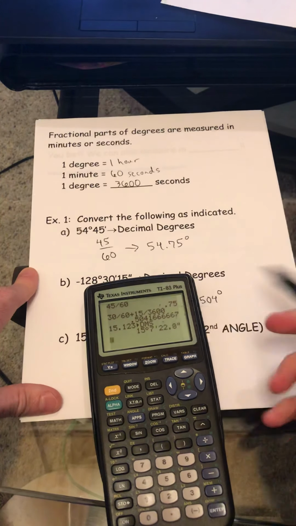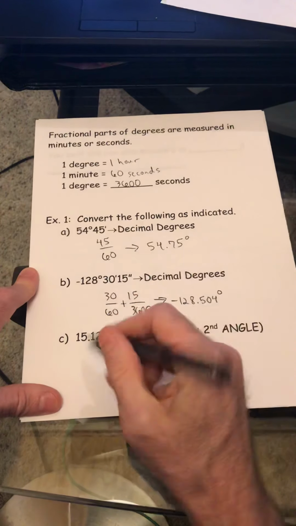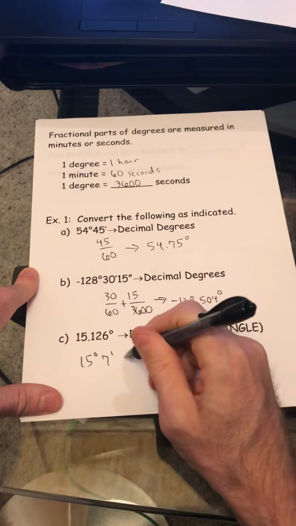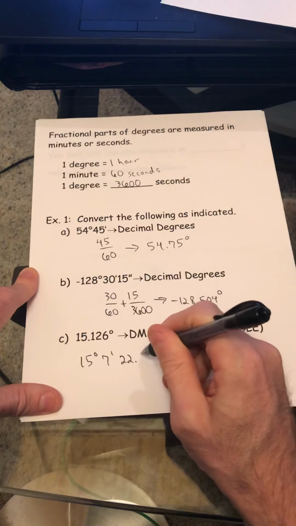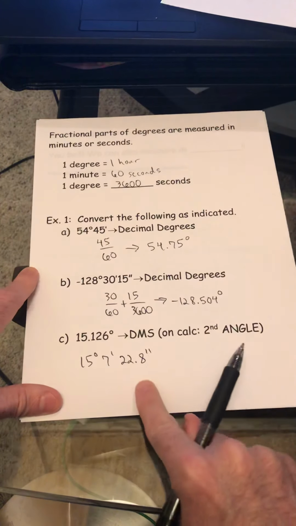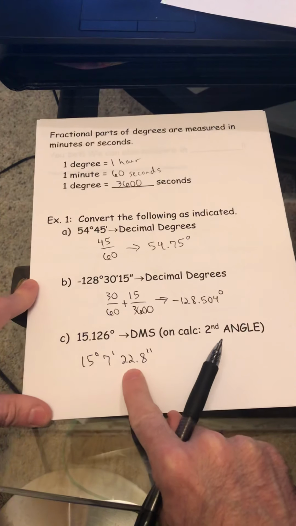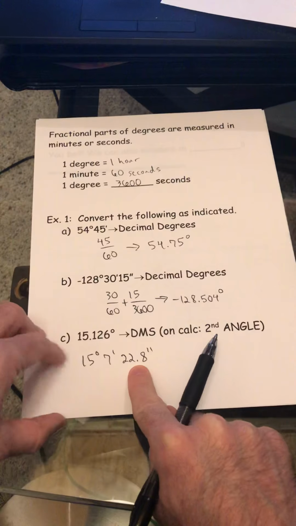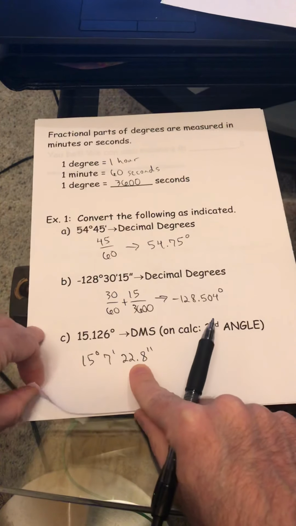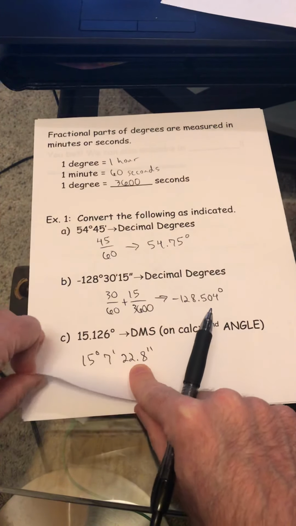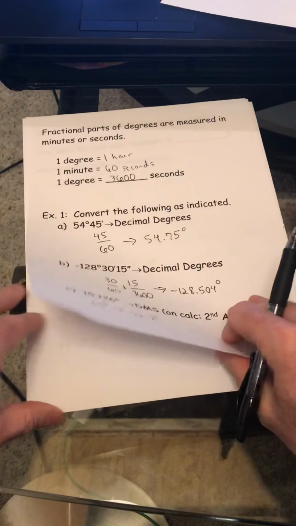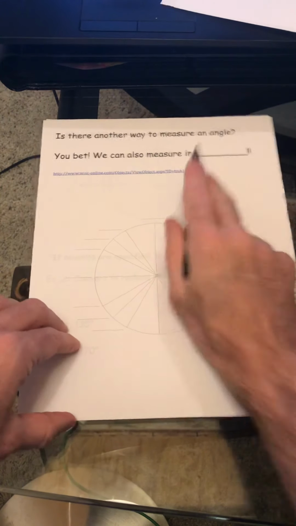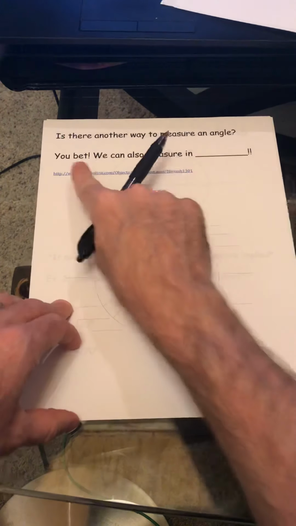Hit enter, and you can see this is 15 degrees, 7 minutes, and 22.8 seconds. So this one gets really exact. It even has a decimal portion of a second. But that's one of the things that you'll see used a little bit throughout Chapter 4. All right, there is another way we can measure angles.